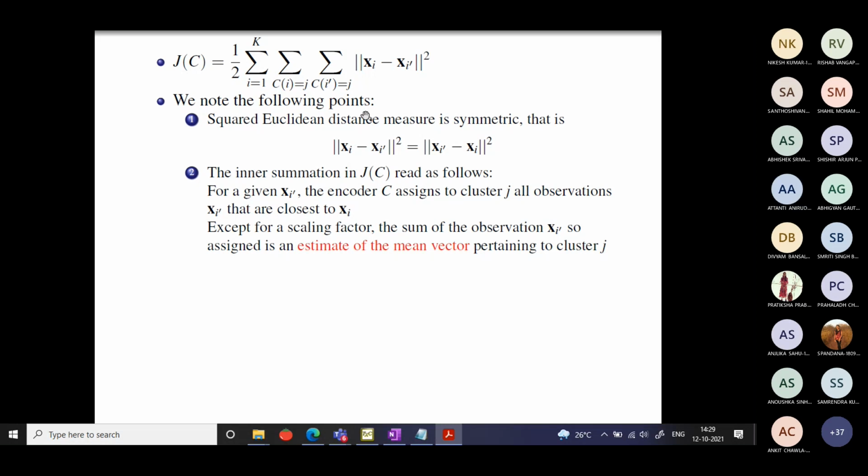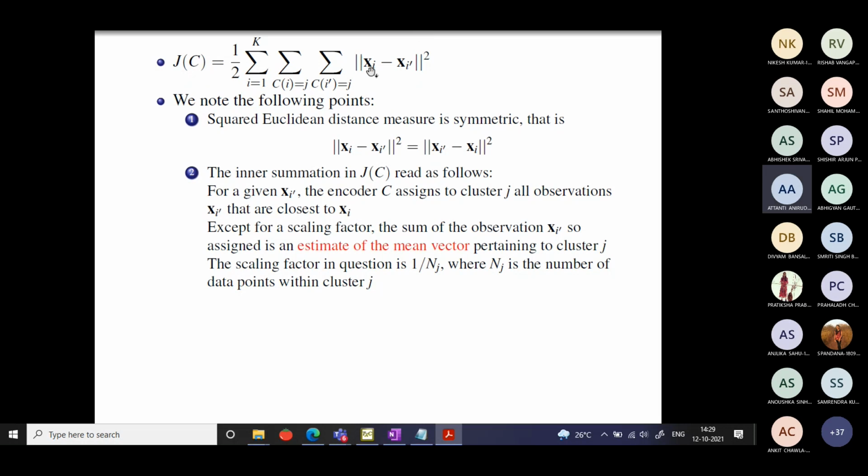That scaling factor could be 1 by Nj. If I write 1 by Nj, this entire part is as if you are estimating the mean vector, where Nj is the number of data points within cluster j.